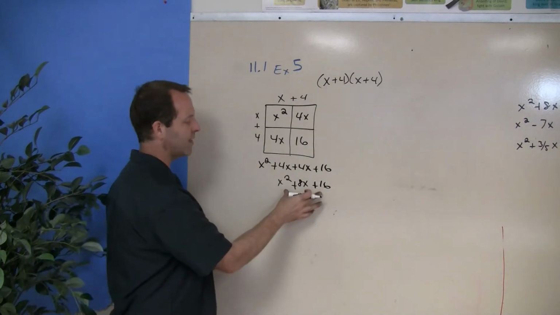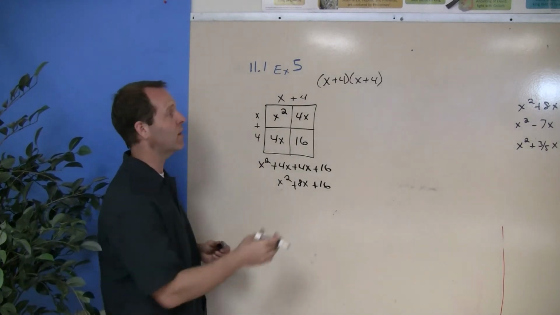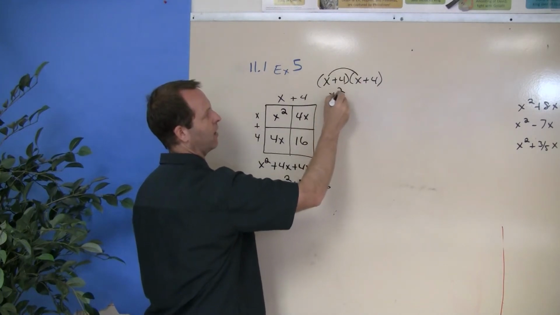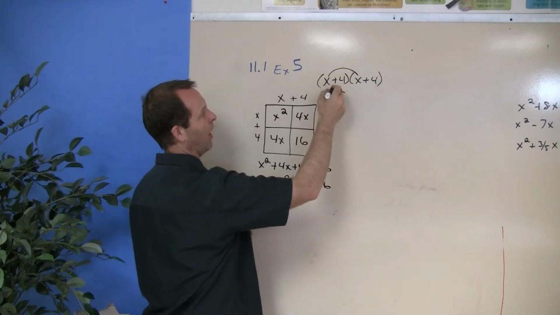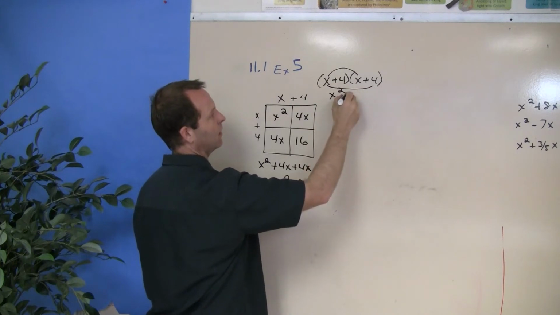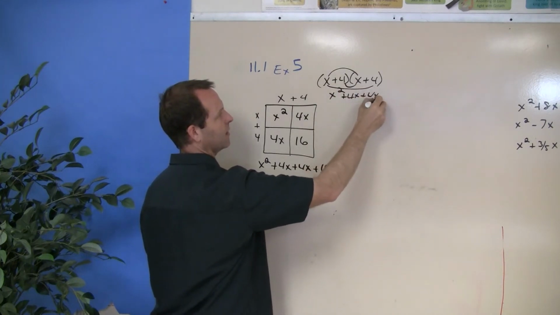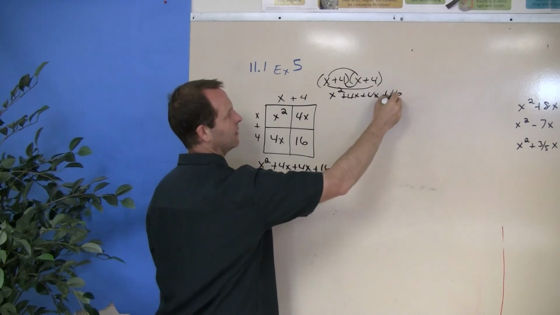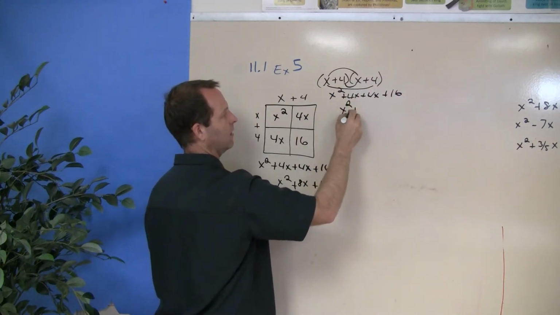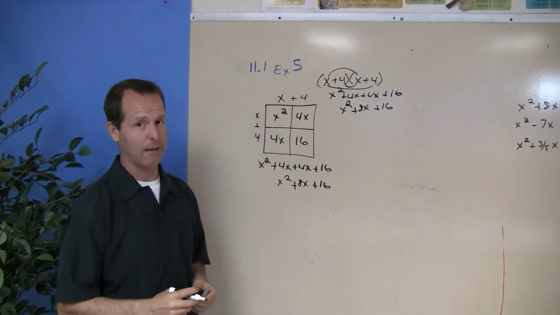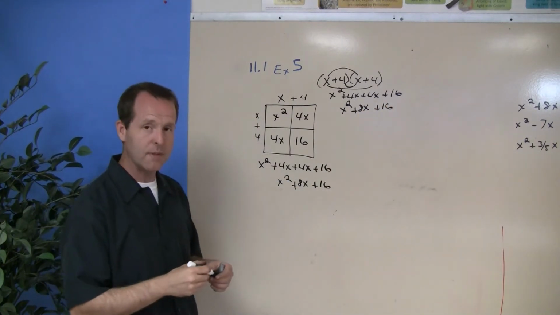No surprise, that's exactly what you would have gotten when you factored this: first times first, x squared; outers, x times 4, 4x; inners, 4x; and lasts is 16. So I have x squared plus 8x plus 16, the exact same thing. Okay, so how does that help us here?